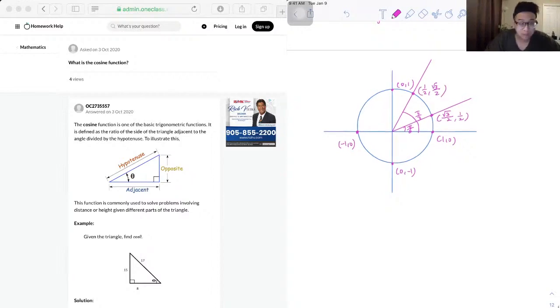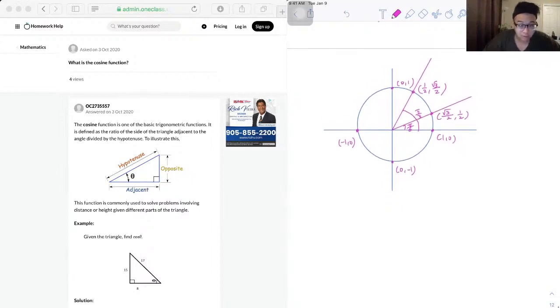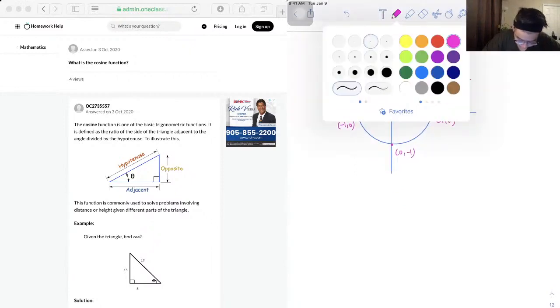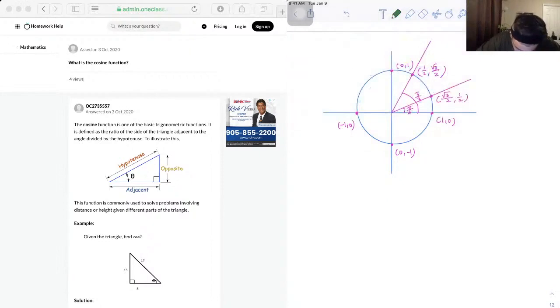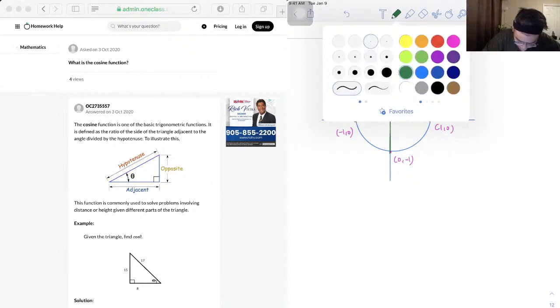And if we have, let's say we have an angle here. Let me switch a color.